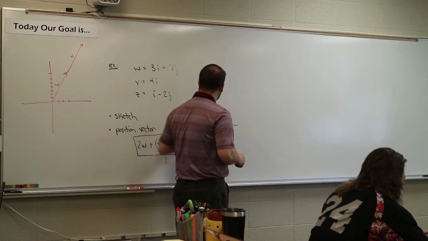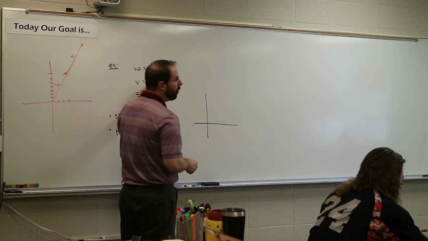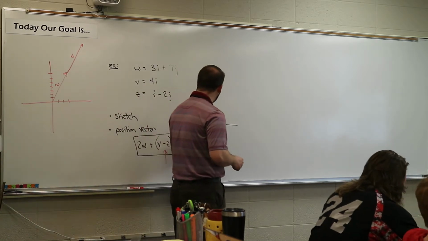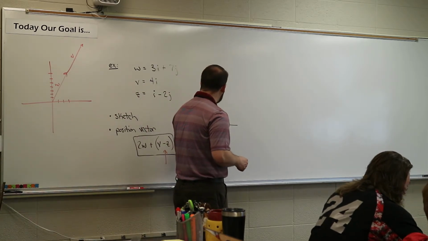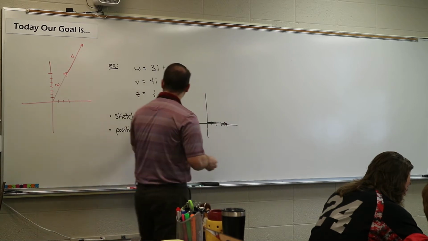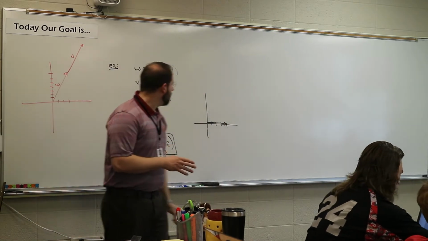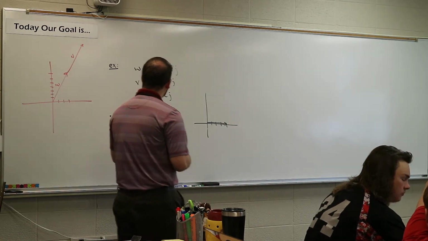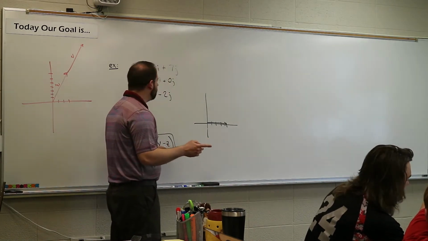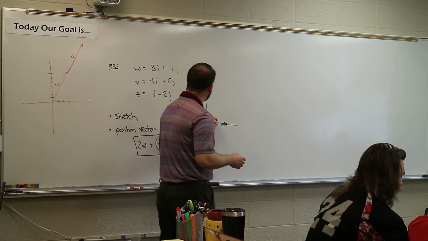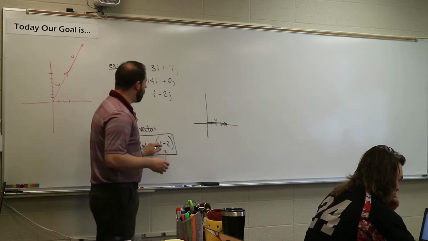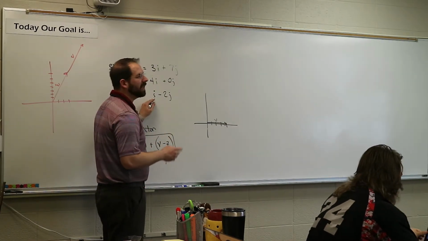If we draw a rough sketch of what v is doing, v is going 4i. So it's going over 4, and it's not going up or down at all, because this is a 0j. Like this. The next one is a minus z. So this is v here, and we're going to go negative z. Negative z is doing the opposite of this.